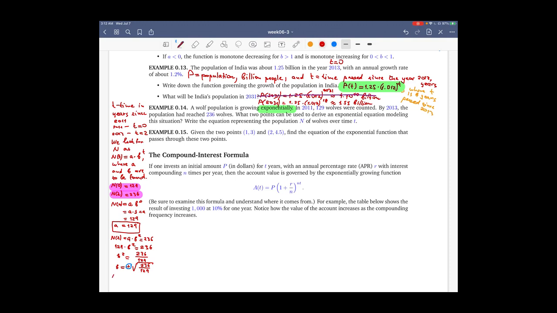And therefore, n of t, the population of wolves as a function of time, is a, which is 129, times b, which is square root of 236 over 129, to the power t.